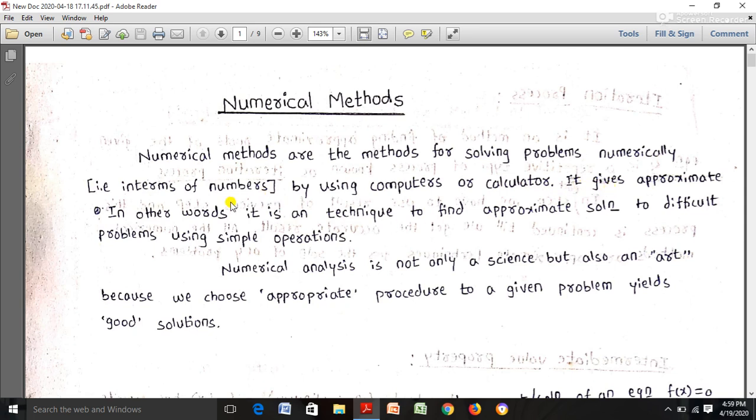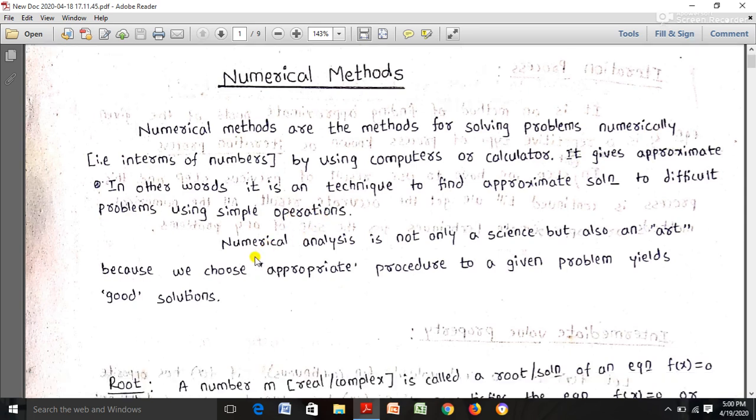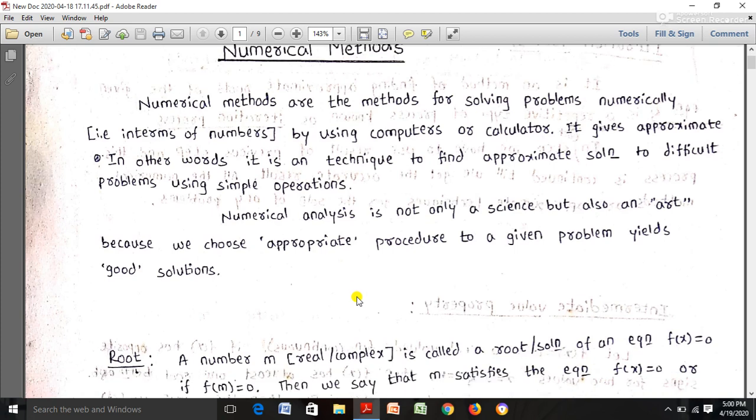It gives approximate solutions; in other words, it is a technique to find approximate solutions to difficult problems using simple operations. And second, numerical analysis is not only a science but also an art, because we choose an appropriate procedure to a given problem that yields good solutions.